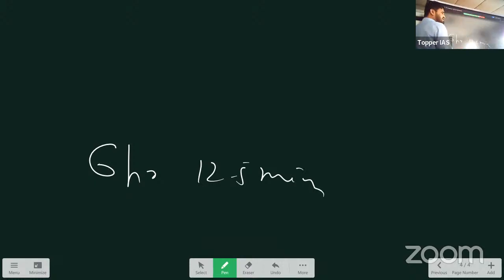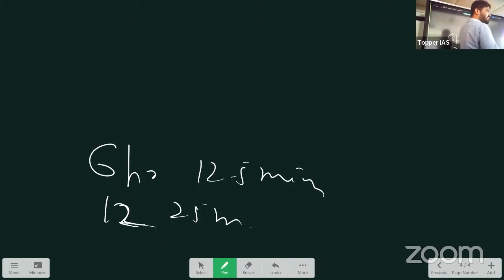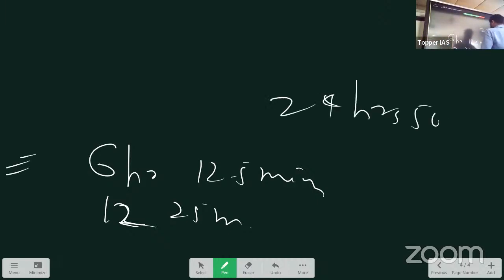The time difference between two high tides is 12 hours, 25 minutes. Sorry, 25 minutes. Okay. Understood. Next, the next low tide will be at 18 hours, 37.5 minutes. Again, for another high tide, it will be exactly 24 hours, 50 minutes. I hope you've understood this concept.